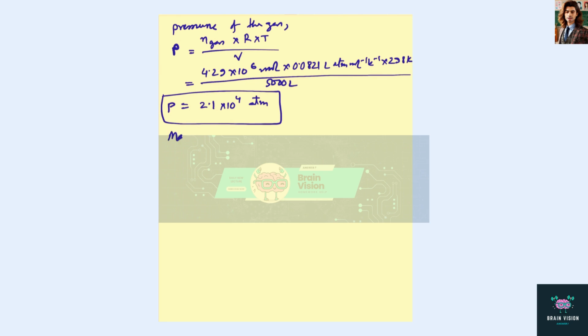And the mass of nitrogen used. Mass of nitrogen used is the total moles of gas minus air originally in the tank. Therefore, total moles of gas minus the number of moles of air in the tank multiplied by the molar mass of nitrogen.